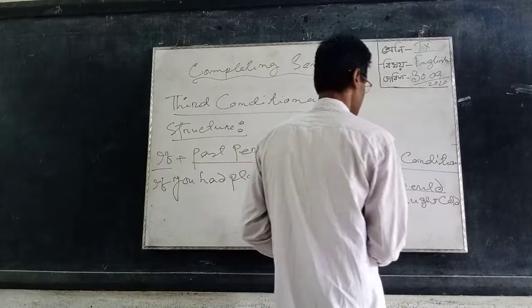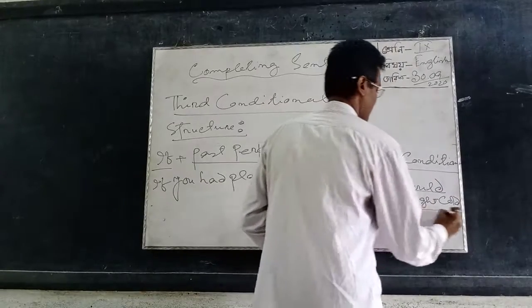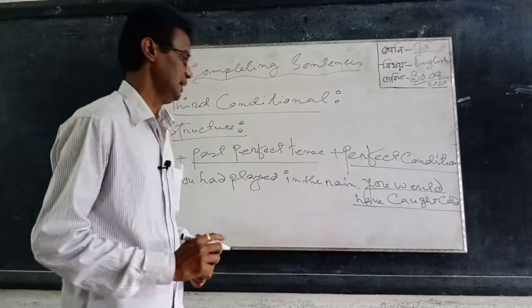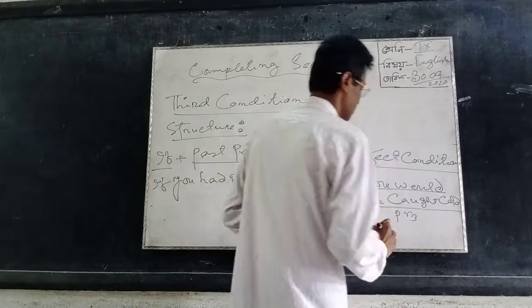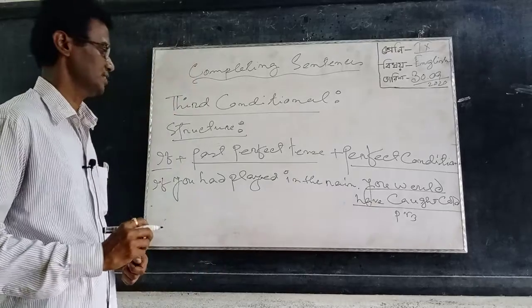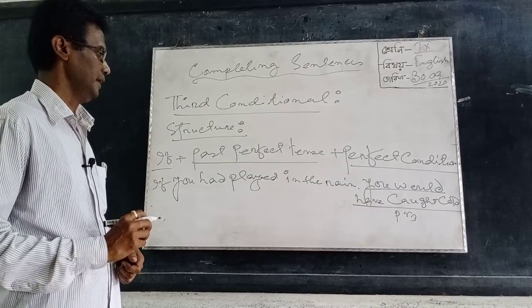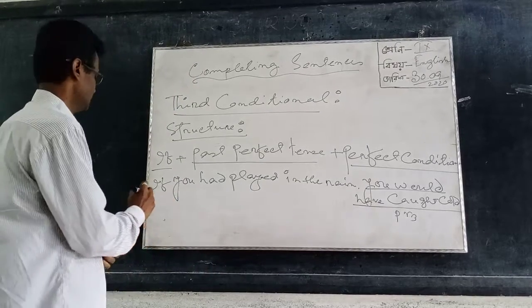Here is a sentence: would have and PB3. This is called the third conditional.